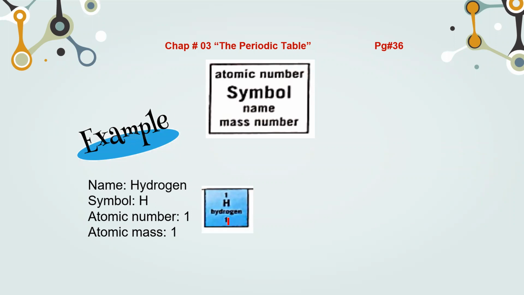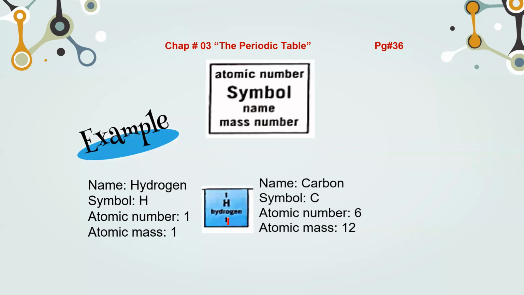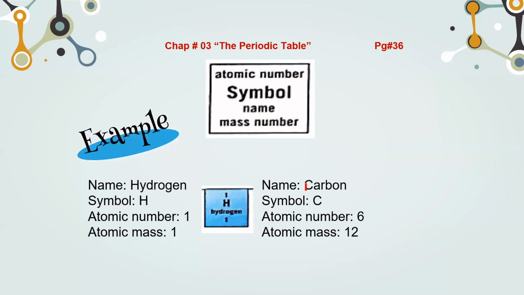Another example is the carbon atom. The name is carbon, the symbol is C, the atomic number is 6, and the mass number is 12. It will look like this: 6, C, carbon, and 12. So this is a representation of an element in the periodic table.